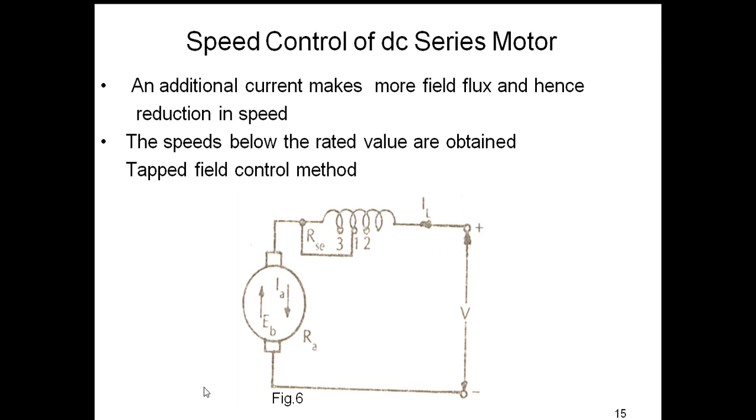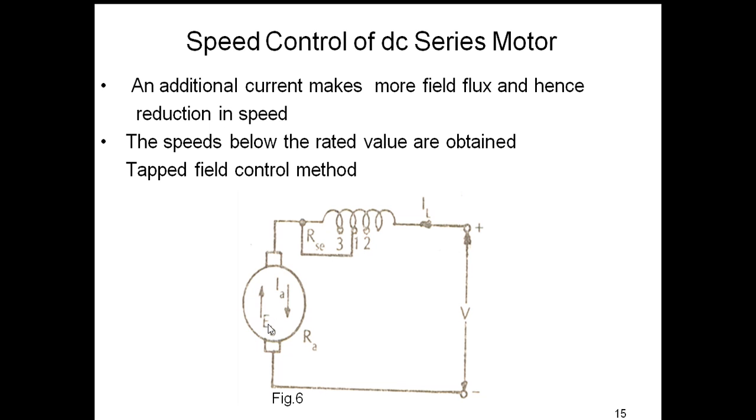Here, this is the circuit for the tapped field control method. In this is the armature, and this is the field winding, and this field winding is tapped at 3 points, 1, 2 and 3. These are the tappings.